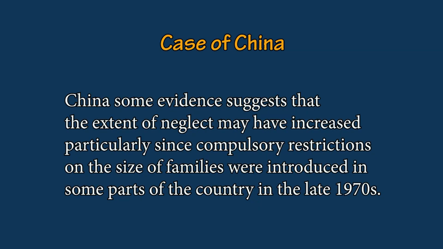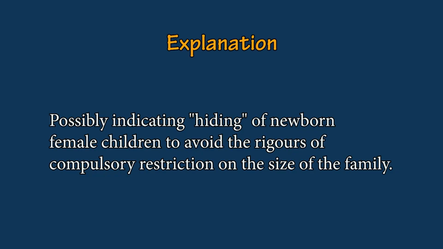In China, some evidence suggests that the extent of neglect may have increased, particularly since compulsory restrictions on the size of families were introduced in some parts of the country in the late 1970s. So possibly this indicates the hiding of newborn female children to avoid the rigorous and compulsory restrictions on the size of the family.